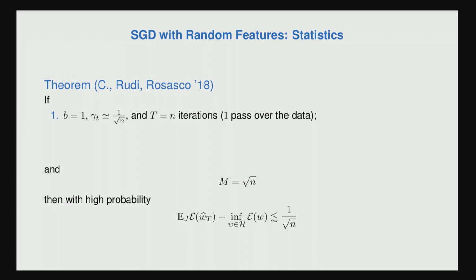I can pick a batch size of 1, forgetting for a second about mini batching. I can pick a step size of 1 over square root of n, and then after n iterations, which means 1 pass, so this is vanilla stochastic gradient descent, I can recover my desired bound.